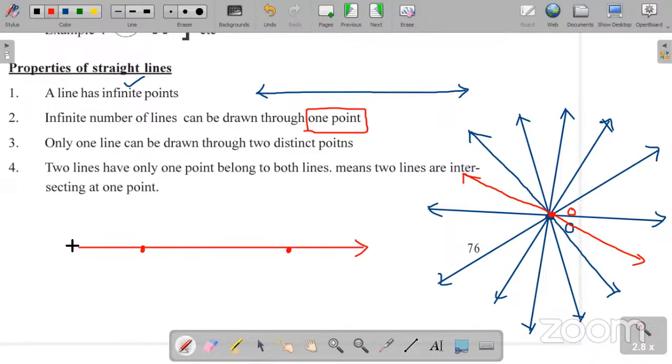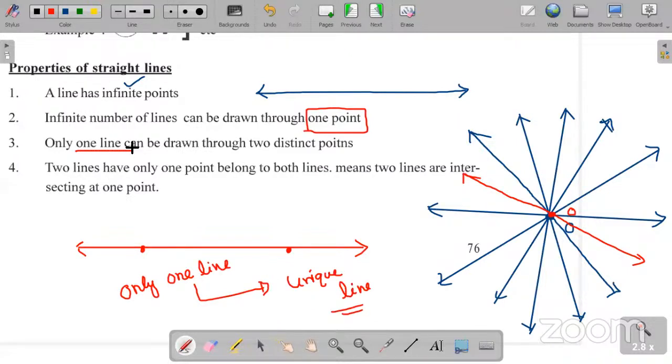Only one line can be drawn. So this is called a unique line. Mathematically, you can call it a unique line. Only one line can be drawn through two distinct points.